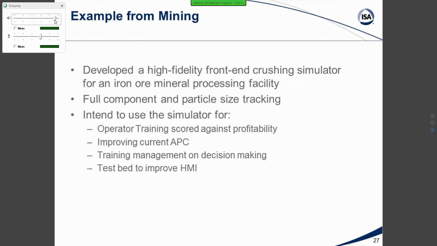Right now their graphics are very colorful, and as many of you are already aware, there's kind of a push to get away from that. It's very difficult to operate when there's a bunch of flashing lights at you all the time, or a lot of color on the screen. They'd like to go grayscale, and there's a lot of pushback from the plant in order to do so, but this allows a test bed to show this is what it would look like, doesn't this look cleaner? So that's the multifunctional use of a virtual plant.